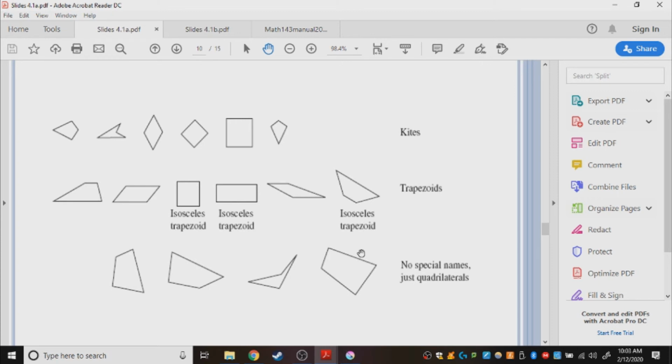So, square, rectangle, rhombus, parallelogram, they are all special trapezoids. And then, of course, I get others that have no special names, that don't have enough structure for me to really work with.